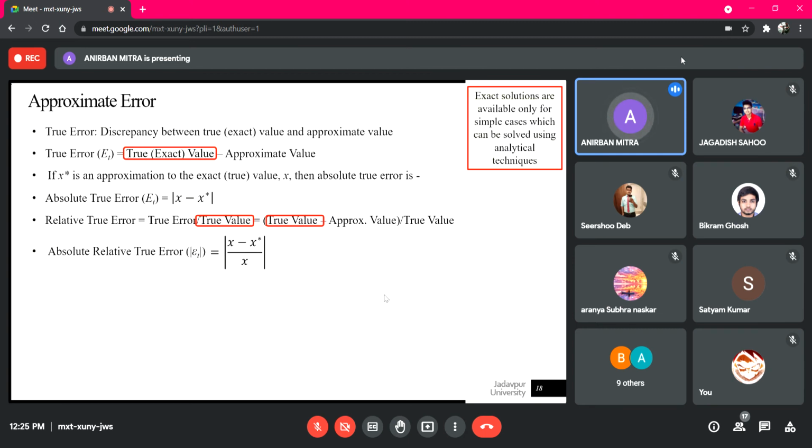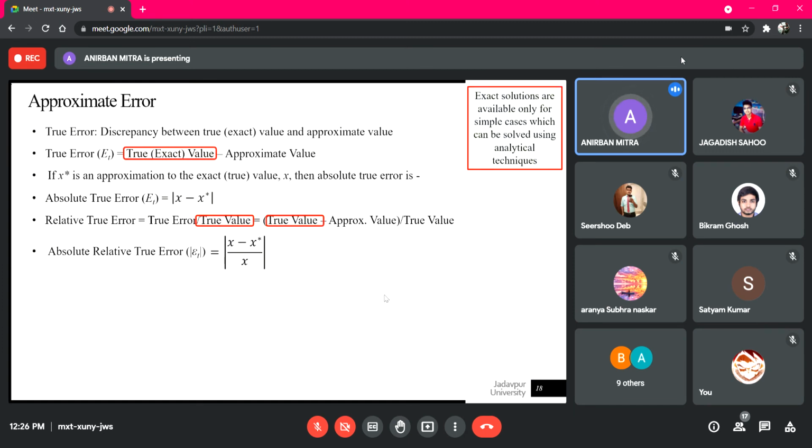Now, numerical techniques are geared towards providing answers of complicated problems. For one thing, just have a think that if you already know the true value, if you already know the exact answer, why would you need to go for an approximate technique? That becomes redundant then. So for the simple situations, numerical analysis is not that important because you can solve those simple cases analytically and obtain the exact results.